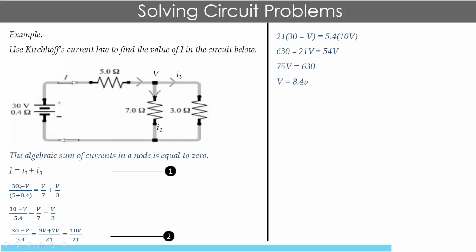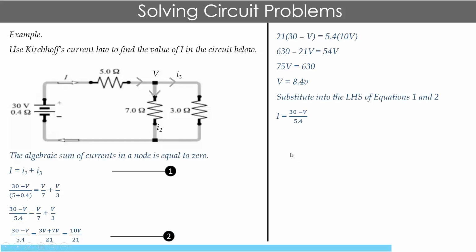Remember, from our equation 1, we said that I is equal to 30 minus V over 9. So if we take this value of V and put it into the left hand side of equation 1 and 2, we would have that I is equal to 30 minus V over 9.